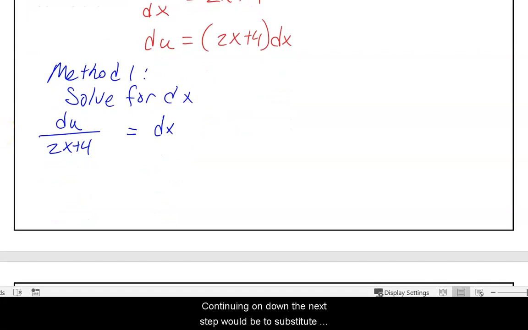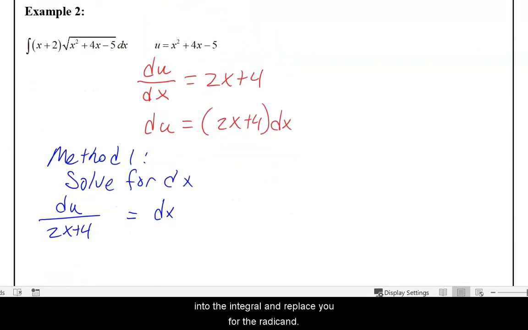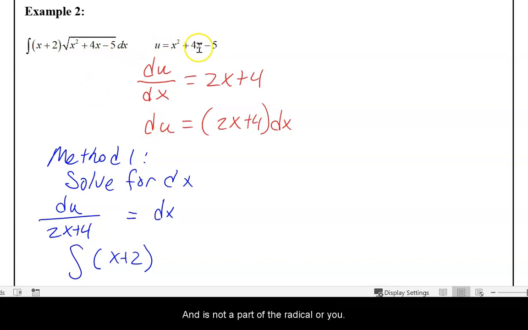Continuing on down, the next step would be to substitute into the integral and replace u for the radicand. This would give me the integral of x plus 2, which has not been replaced, is not a part of du that we see, and is not a part of the radical or u.